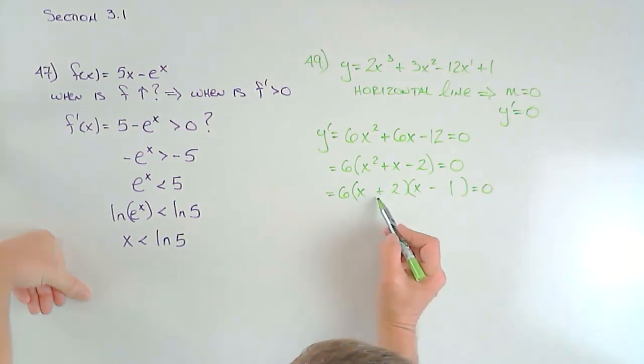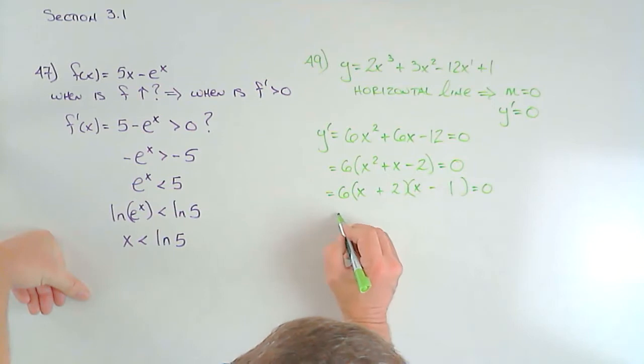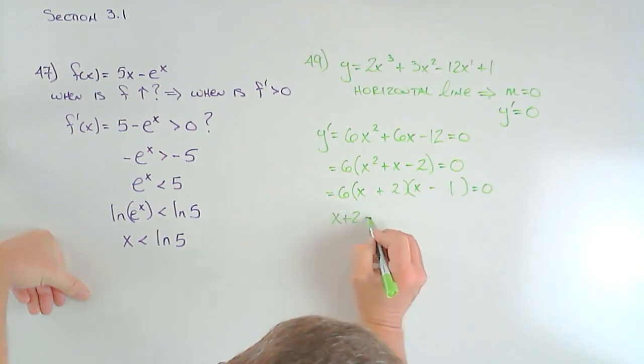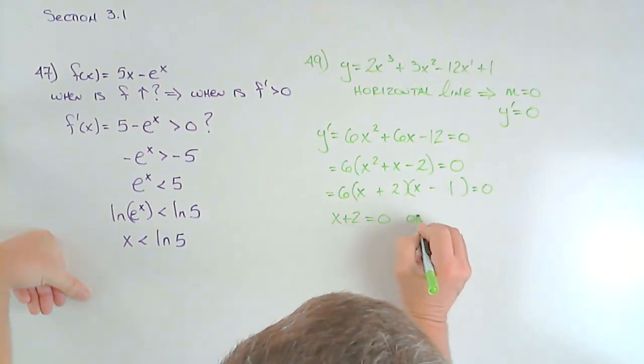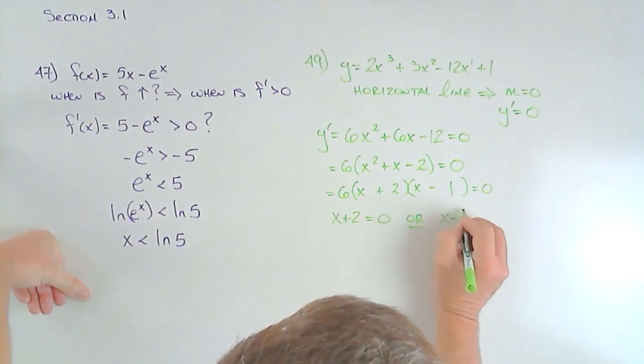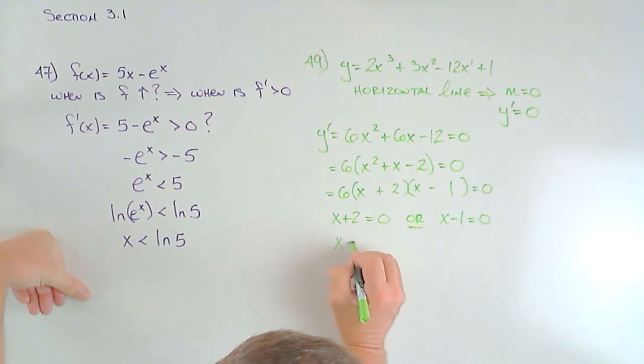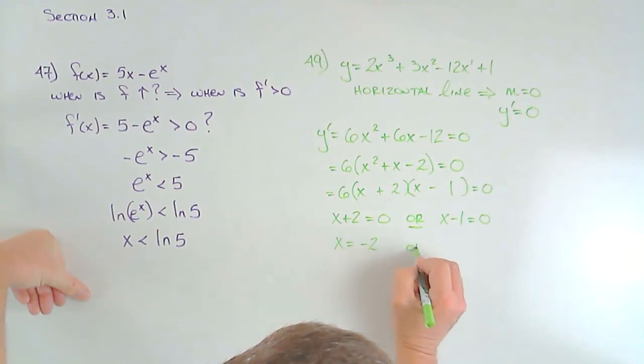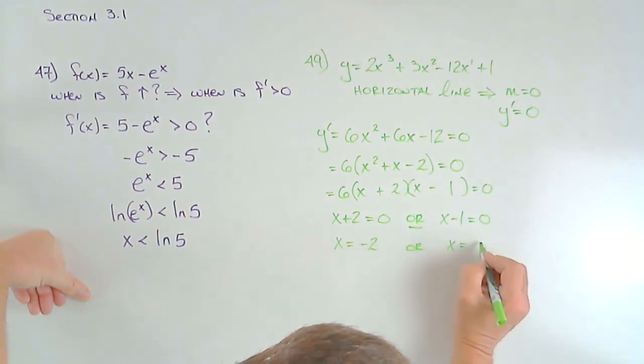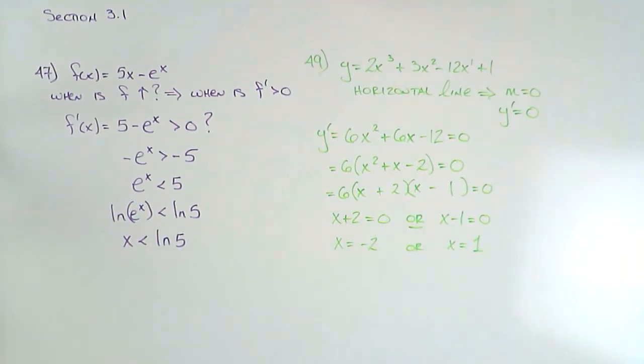If a function times a function equals 0, one of those functions must equal 0. So here we get x equals negative 2 or x equals positive 1. Again, it's about translating the problem, not panicking over seeing the words, okay?